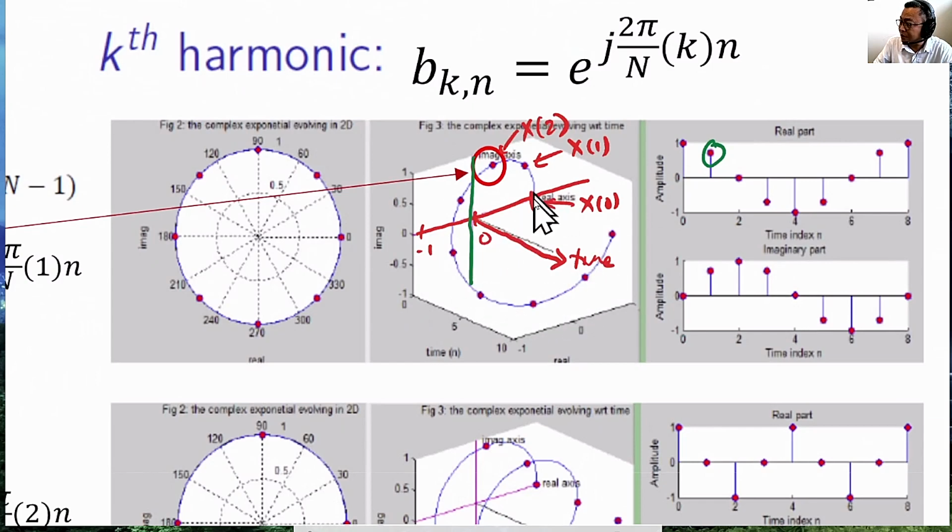Only at discrete time on the dots, and it is rotating anti-clockwise, and after n samples it will go back directly to the same position as the first point. So in this particular example, n equals to 8. Let's count. 0, 1, 2, 3, 4, 5, 6, 7. The 8th point is exactly the same as the 0 point.